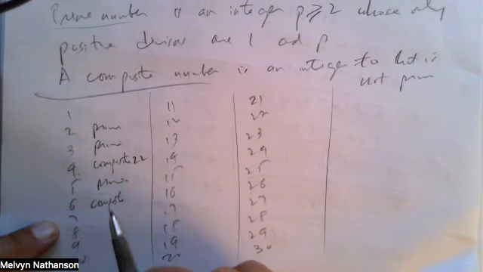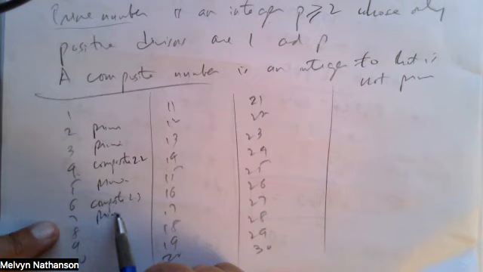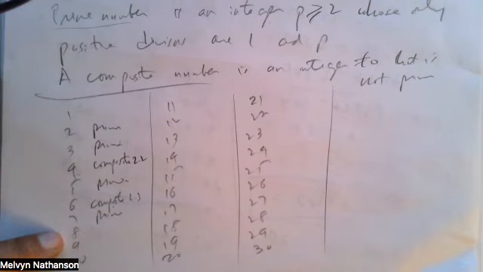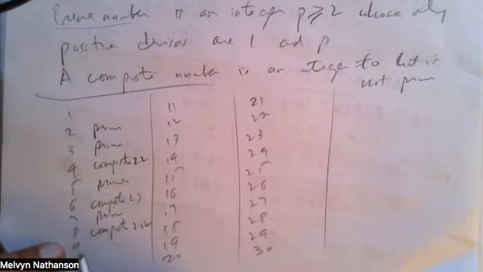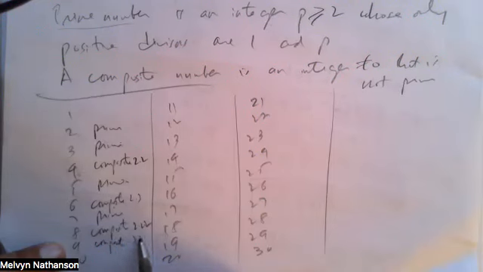It's divisible by 2 and 3, for example. It's 2 times 3. 7 is a prime. What about 8? 8 is divisible not just by 1 and 8, but also by 2 and 4. So this is composite. 8 is 2 times 2 times 2. 9 is composite. 3 times 3.